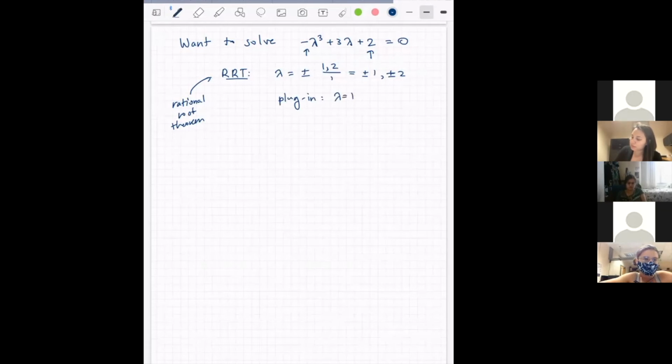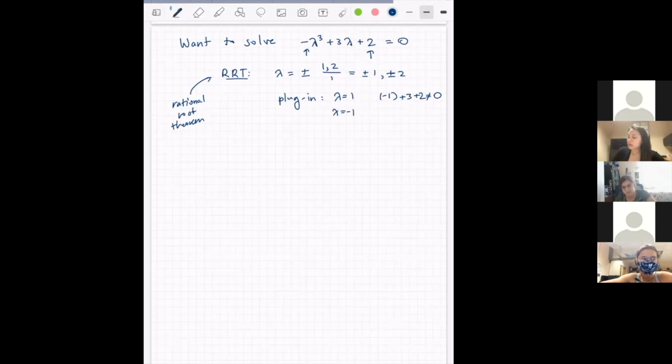Starting with lambda equals 1, we get -1 plus 3 plus 2. So this is not equal to 0. So that's not a root, right?